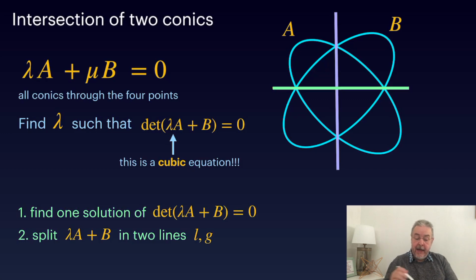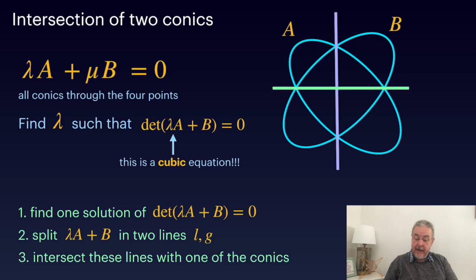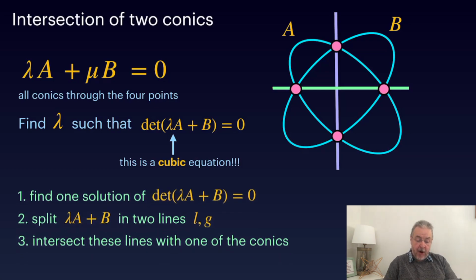And step 3, take those two lines and intersect them with one of the conics to get the 4 points of intersection. So we reduce the problem of intersecting two conics to the succession of finding the solution of a cubic equation, after that the splitting procedure, and after that the intersection procedure for a line and a conic that we already had.